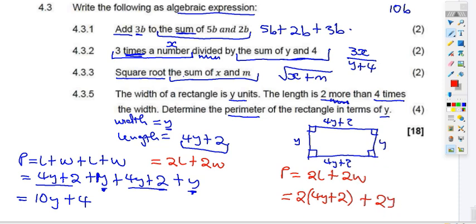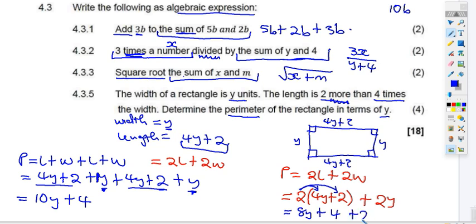And then you can simplify here. Do you remember distribution? We need to do distribution here because the 2 is multiplying everything inside. So this is 2 times this and 2 times that. And this is equal to 2 times 4y. When it is multiplying, even if they are not like terms, you can multiply them. 2 times 4y, this is 8y. 2 times 2, that is equal to 4.